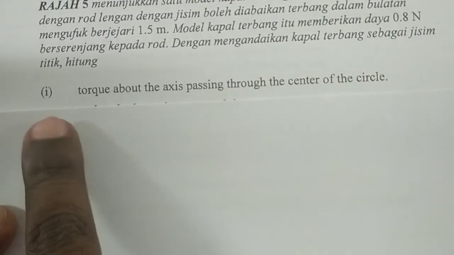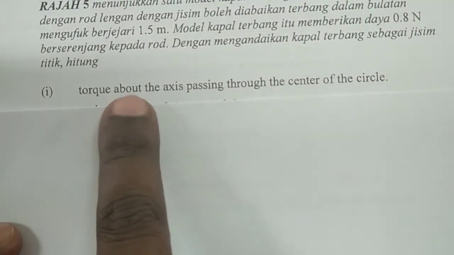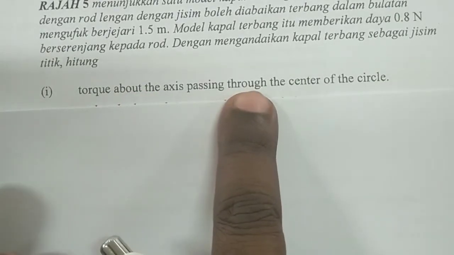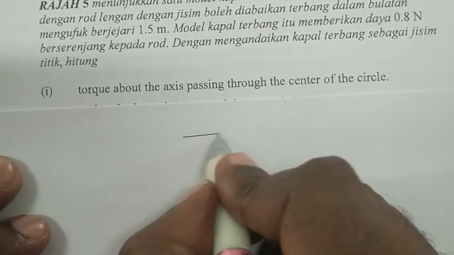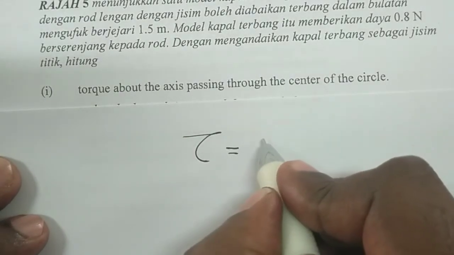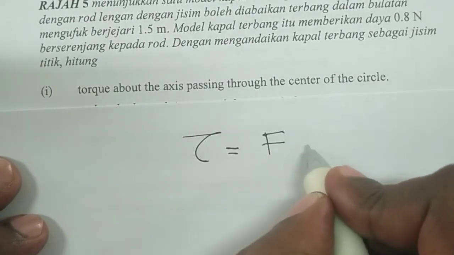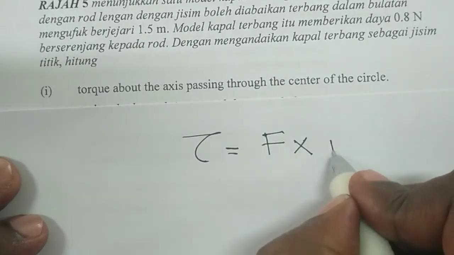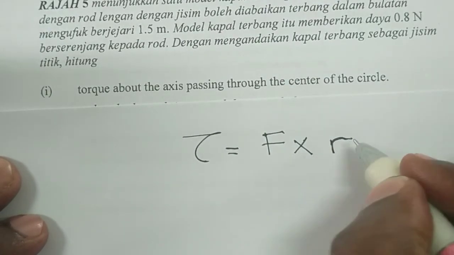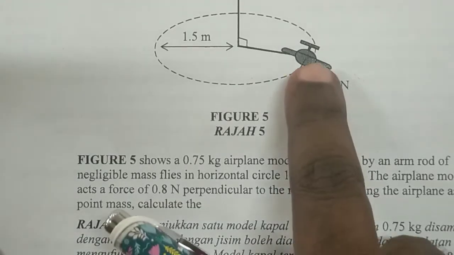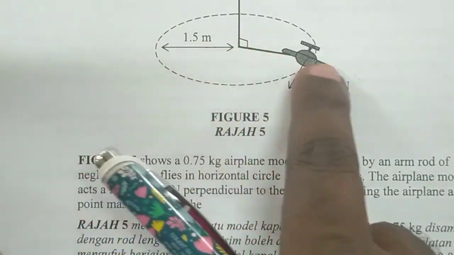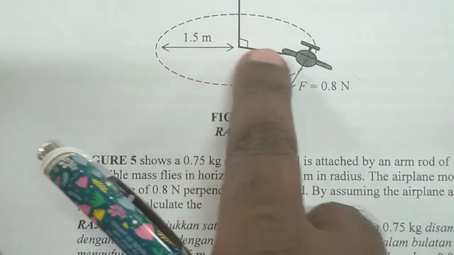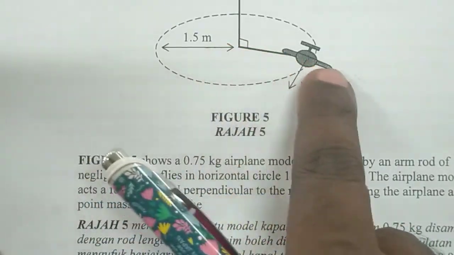Part 1, torque about the axis passing through the center of the circle. Torque equals the cross product of force and perpendicular distance from the axis of rotation. The force here is 0.8 Newton and the perpendicular distance from the axis of rotation, the radius of the circle, is 1.5 meters.